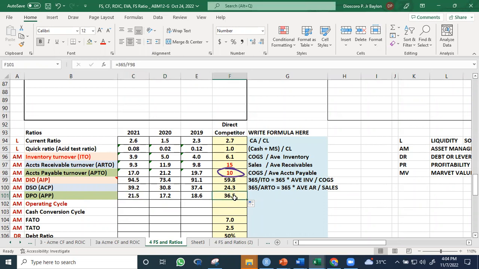Yung competitor, 36 days sila bago sila magbayad. Ibig sabihin, they're given more terms. Mas nagagamit pa nila ng cash for other purposes bago sila magbayad. For whatever reason, baka maganda yung performance nila, baka valued customer sila, baka malaki yung ino-order nila. So the company has to look into that. Kasi tayo, 21.5 days, kailangan natin magbayad.